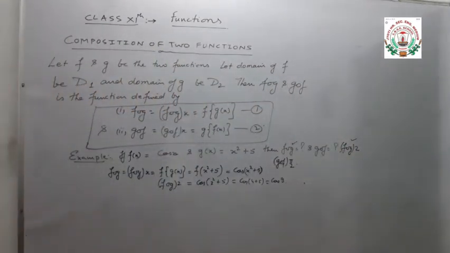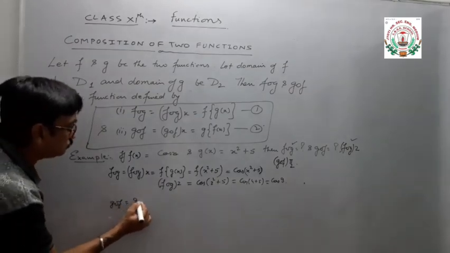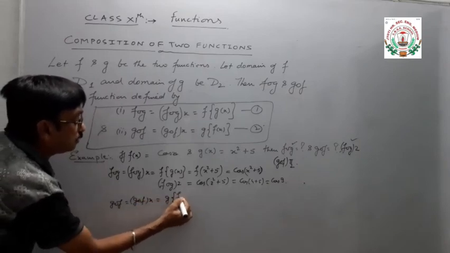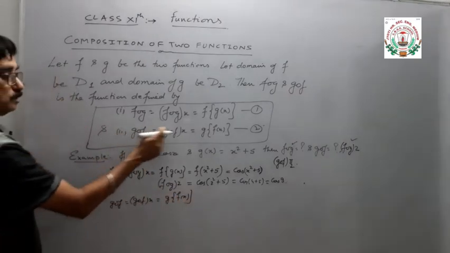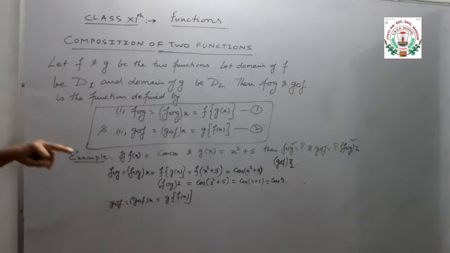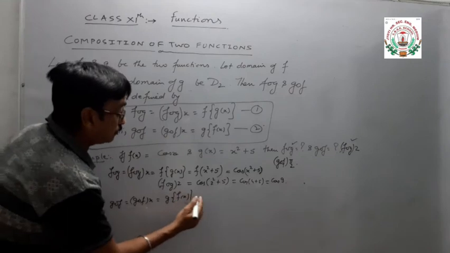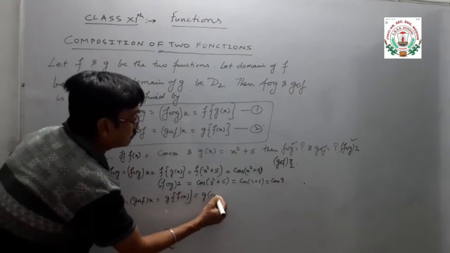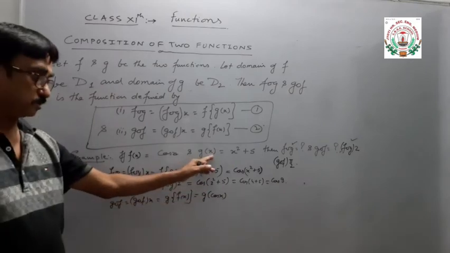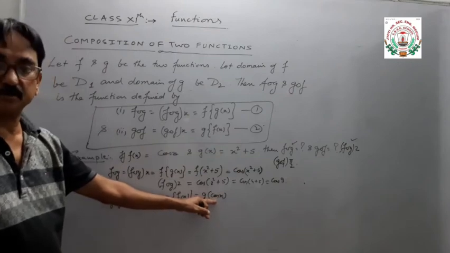Now let's move to the g operation f. G operation f will be g operation f of x, g of f of x, ये हमने फॉर्मूला लिख लिया by the composition of two functions. अब f of x value given in the question is cos x, so in place of f of x you put cos x. अब ये बन गया फंक्शन g of x. तो g of x क्या है, x square plus 5, लेकिन यहाँ क्या है, g of cos x we have to calculate.